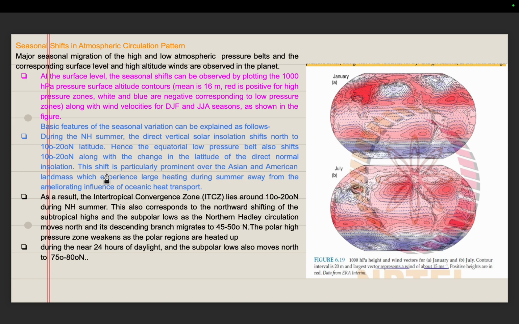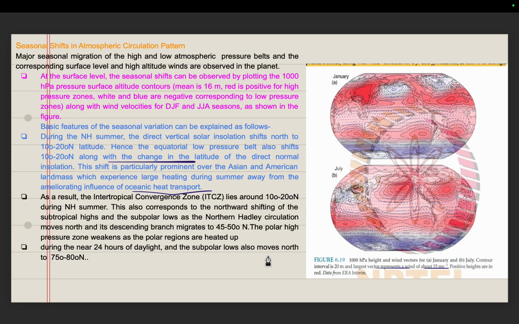Hence, the equatorial low pressure belt also shifts to the 10 degree to 20 degree northern zone, along with the change of the latitude of the direct solar insolation. This shift is prominent over the Asian and American land masses, which experience large heating during the summer, away from the ameliorating influence of oceanic heat transport.